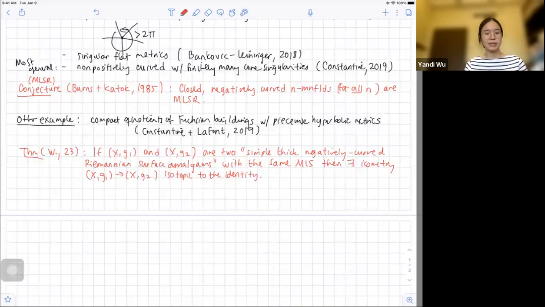Now that my two spaces are the same, it makes sense for the isometry to be isotopic to the identity. So this is the main result that I'm going to be talking about.